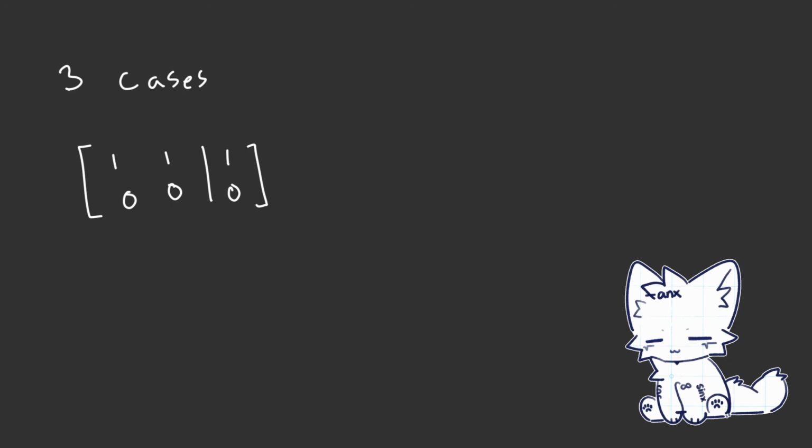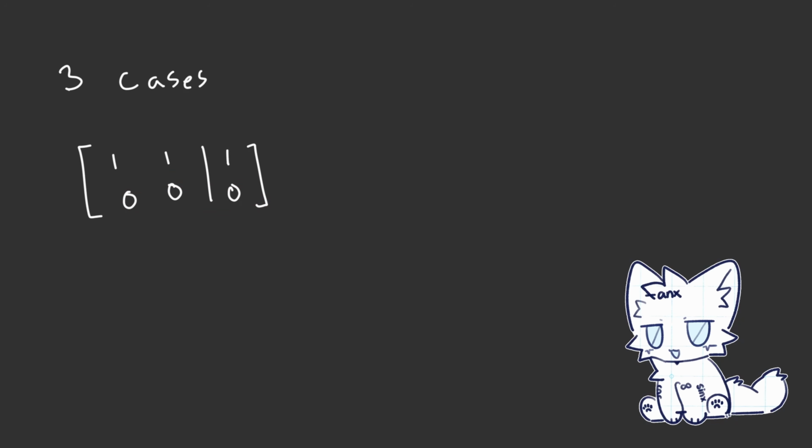Let's talk about possible cases for reduced row echelon form and what those cases mean. So there are 3 cases. Let's say you have this matrix. This is in reduced row echelon form, and we can see here that there is a row of zeros.